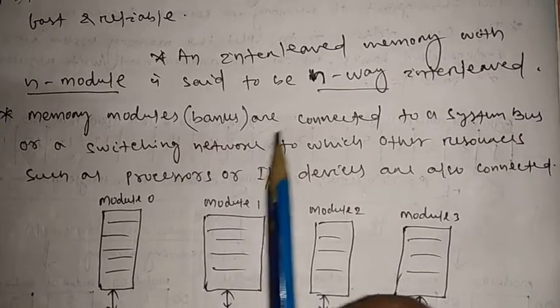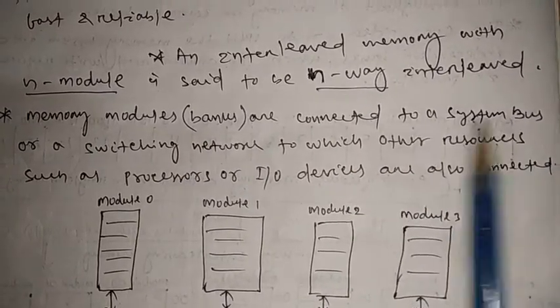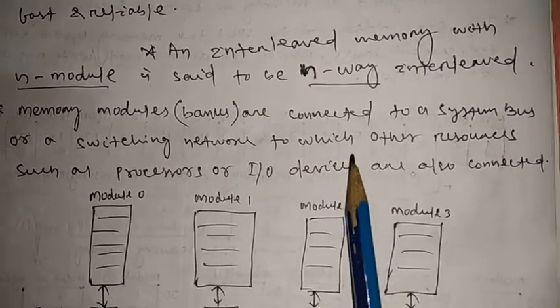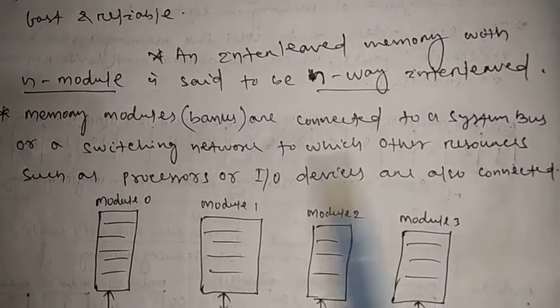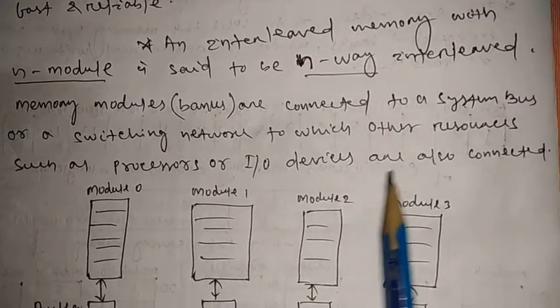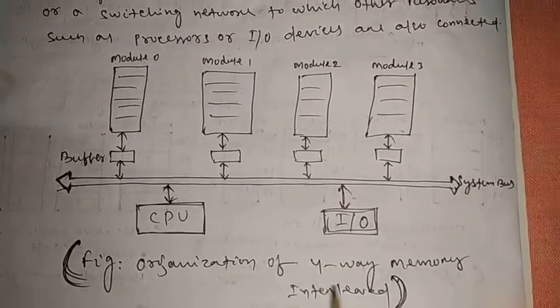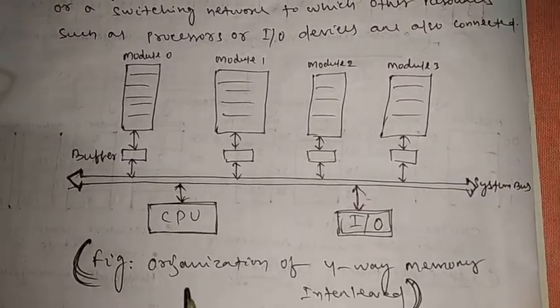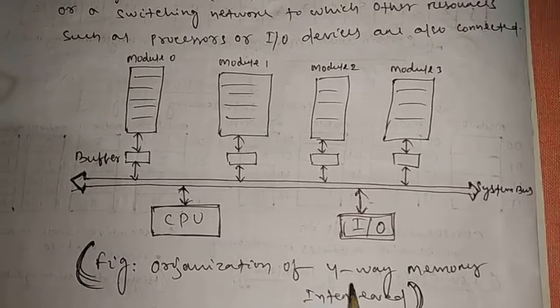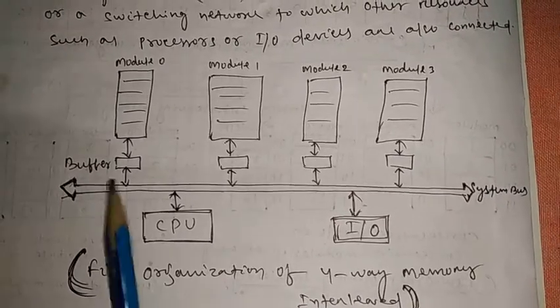Memory modules or banks are connected to a system bus or a switching network, to which other resources such as the processor or IO devices are also connected. So look, this is the figure of the organization of 4-way memory interleaving. Similarly, we can organize the memory into n-way memory interleaving.